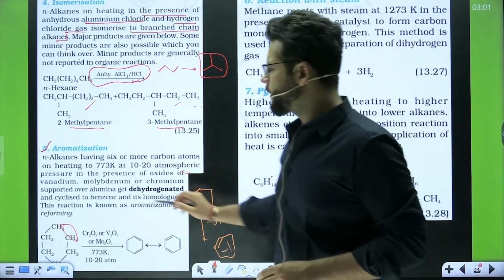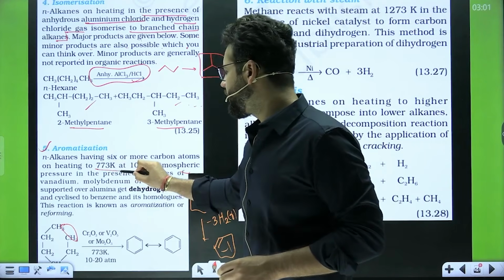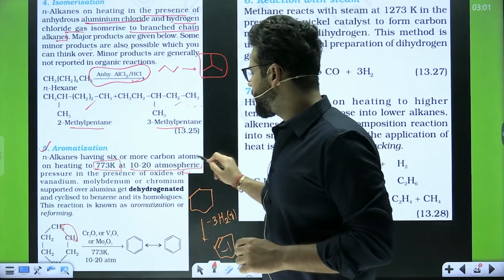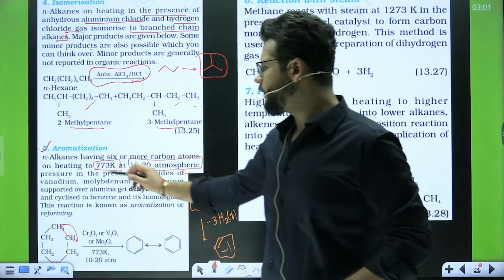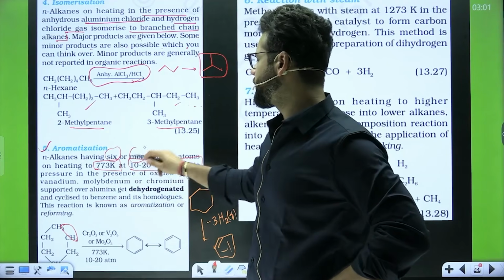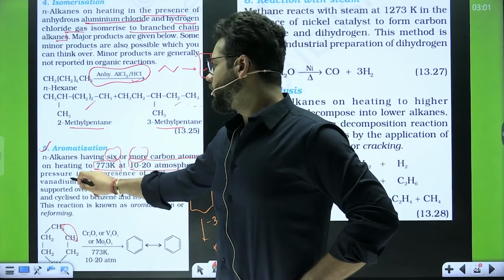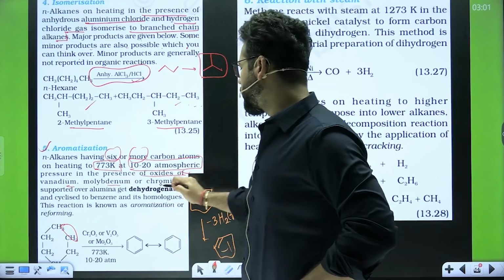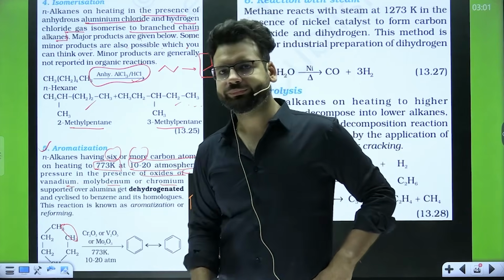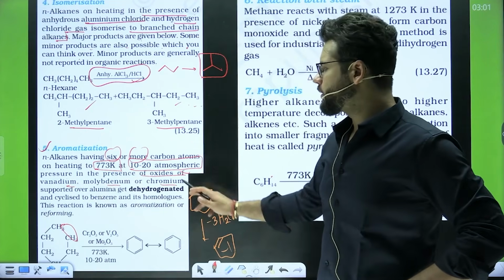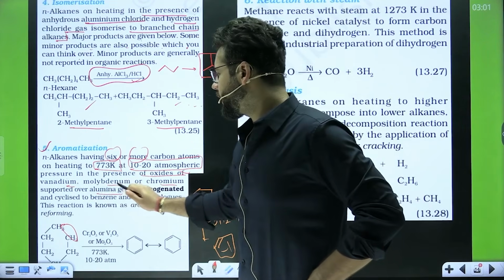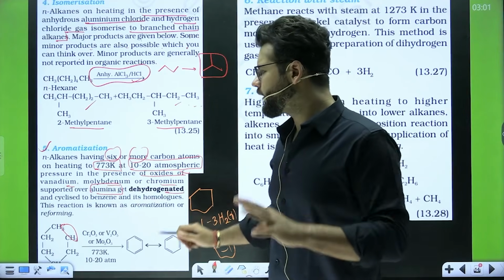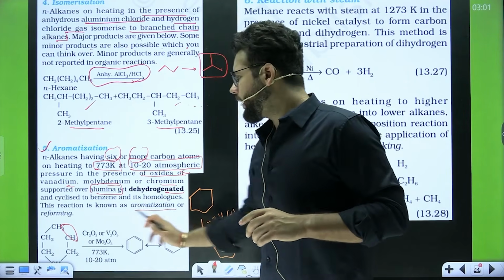You can see them here at a high temperature of 773 Kelvin, which is 500 degrees Celsius, and 10 to 20 atm pressure. Whenever n-alkanes of 6 or more carbons are heated at high pressure in the presence of oxides of vanadium, molybdenum, chromium, V2O5, Mo2O3, Cr2O3, supported over Al2O3, alumina, remember this, it is dehydrogenated 4 times to give you an aromatic product.